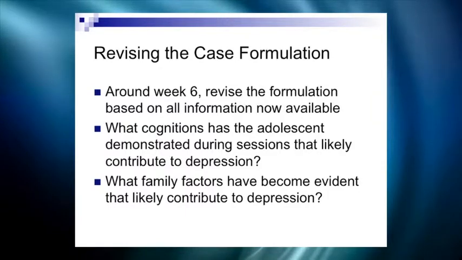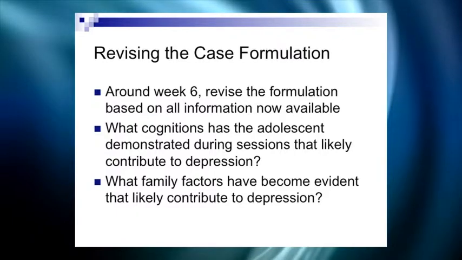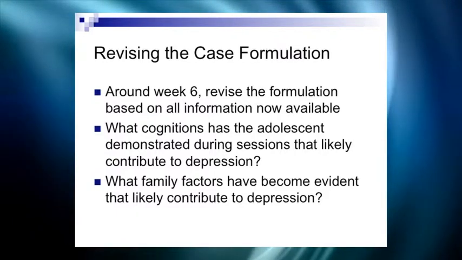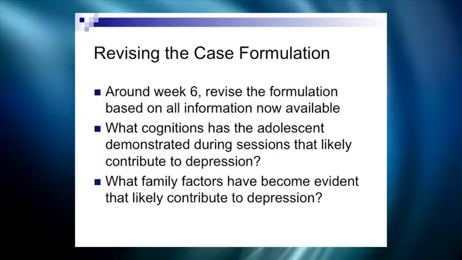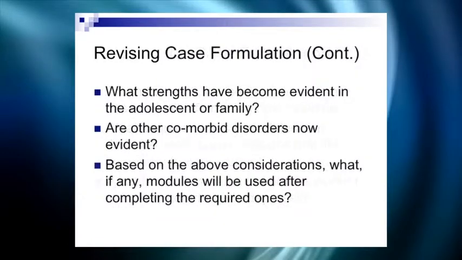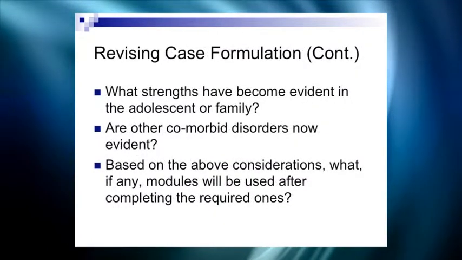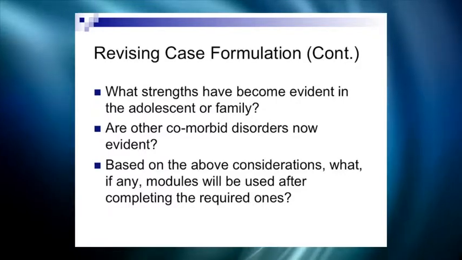And maybe by now you've noticed the cognitive features of their depression that need to be addressed in treatment, even if you haven't started to address them. Maybe you have started to address them, but if you haven't yet, you've certainly seen some of them, and you've seen some of the family factors. So you basically revise the case formulation. You may also have a new appreciation for some of the strong points of the family that you want to put in your formulation.